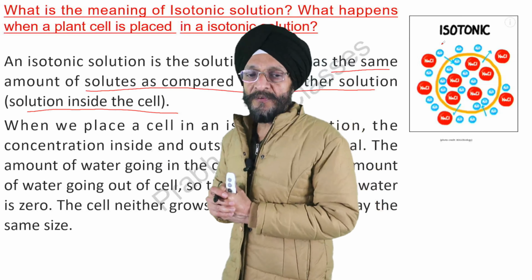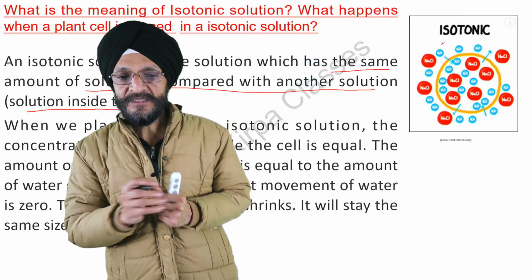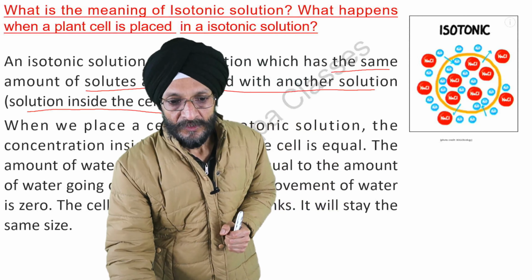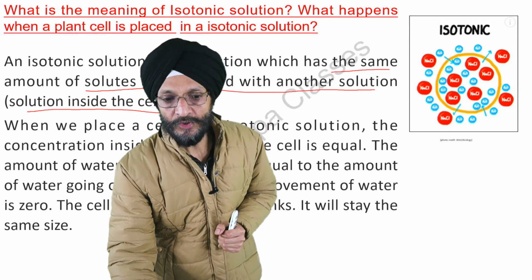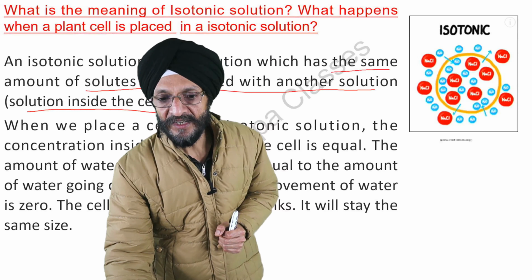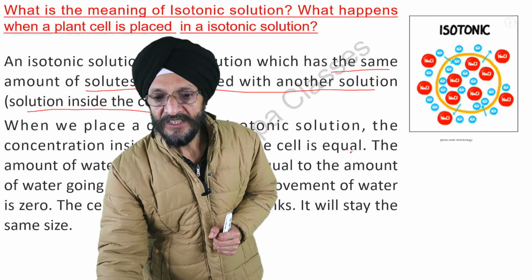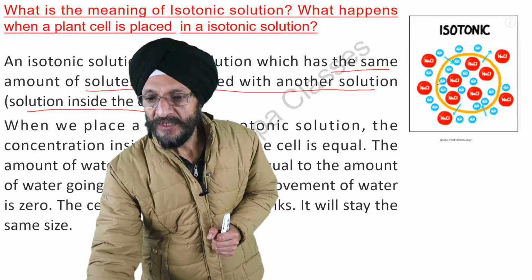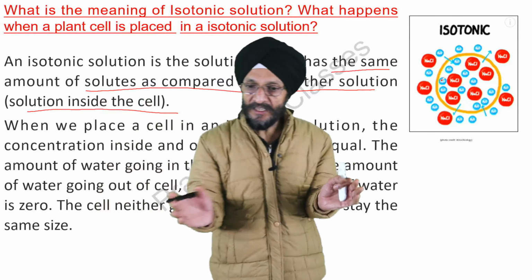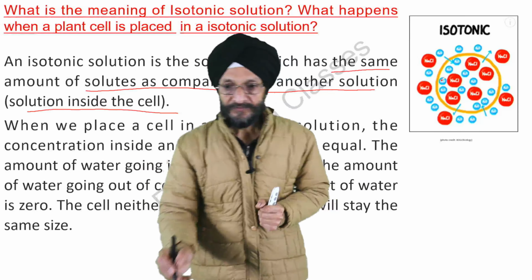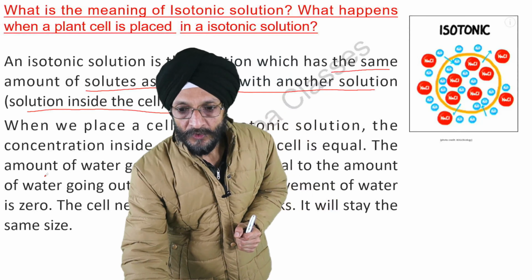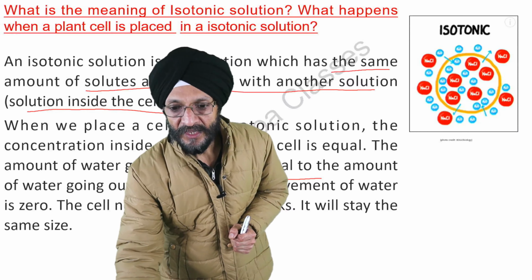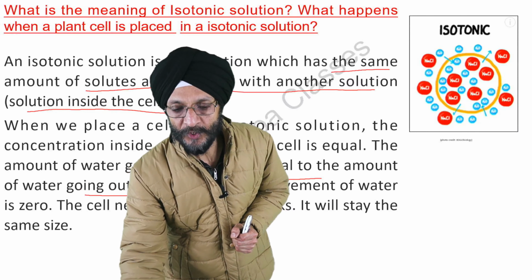So what would happen if the plant cell is placed in isotonic solution? The concentration of solutes inside and outside the cell is equal. The amount of water inside and outside the cell is also equal. So the amount of water going into the cell and coming out of the cell is equal.